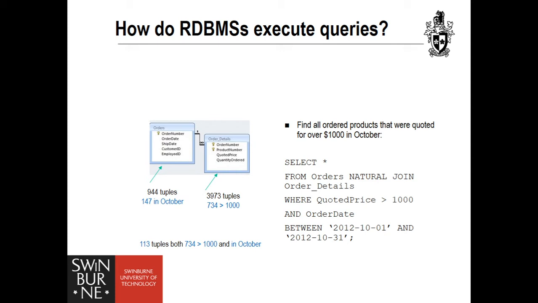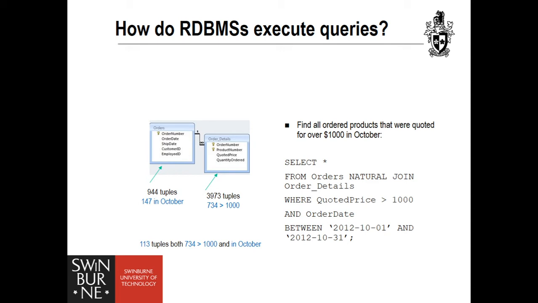Here is the order table. Neither the order date nor the quote price column is indexed. Because they are not indexed, the only possible way for the DBMS to find the matching tuples is by going through the relation sequentially. It has to look at every one of the 944 order rows to see if it is in October, and every one of the 3973 details rows to see if the quote price is over 1000.